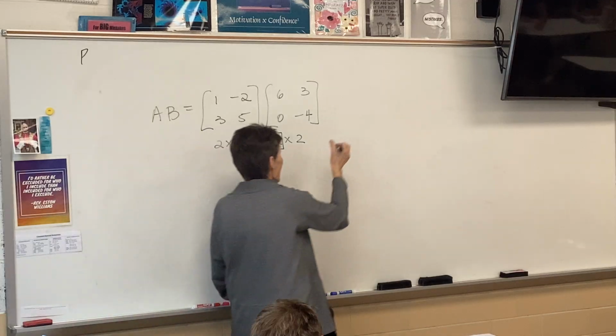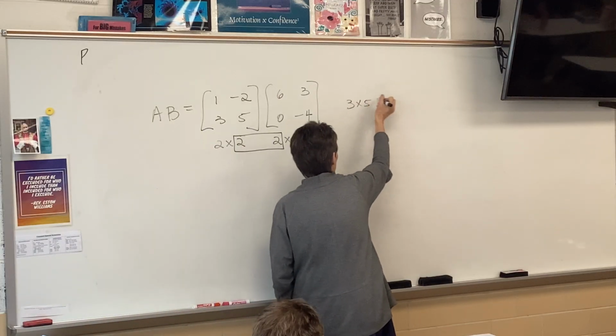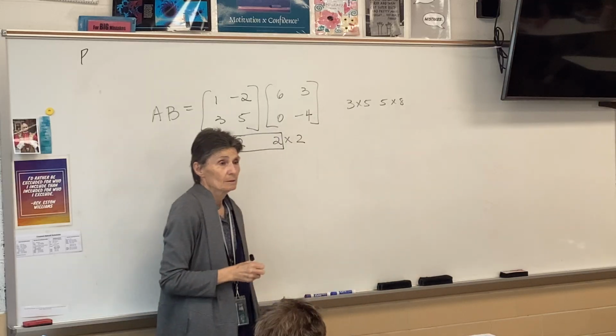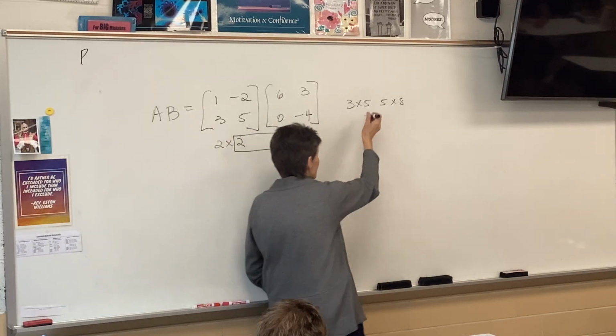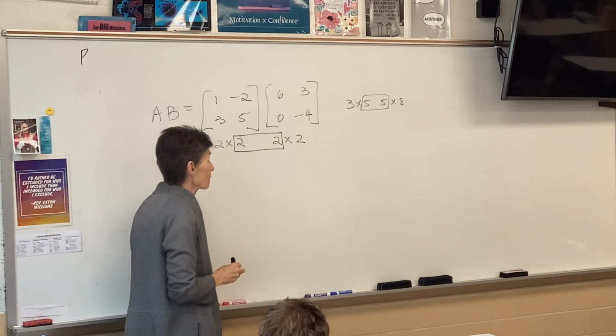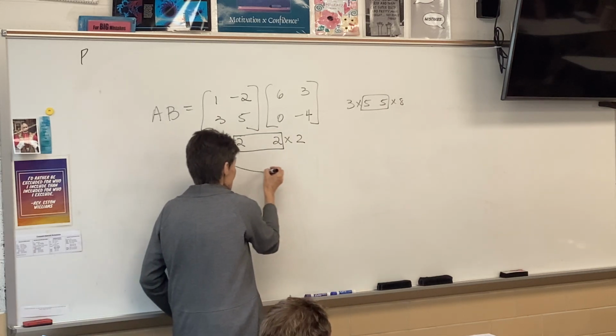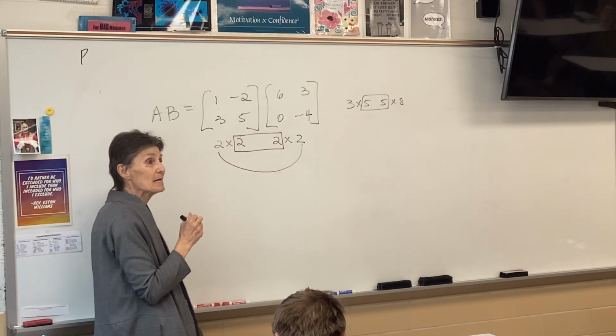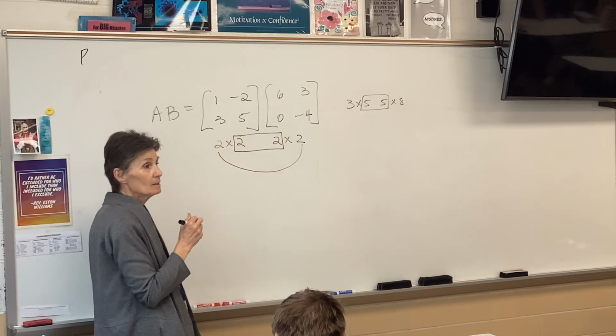So you could have a 3 by 5 and a 5 by 8, and you can multiply this. As long as these two match, you can multiply. These tell me how big my answer will be.